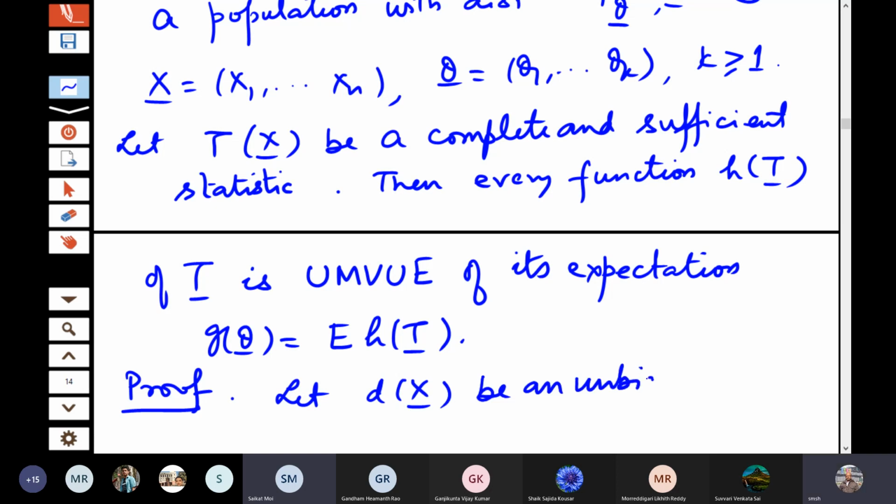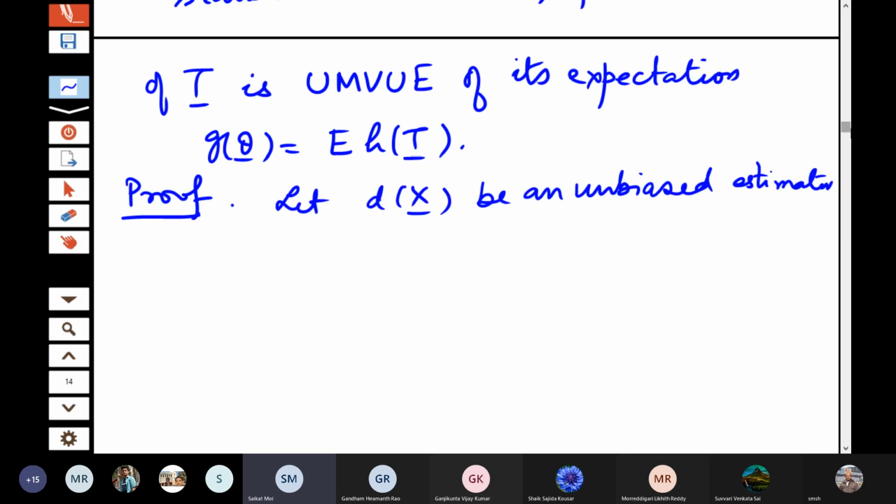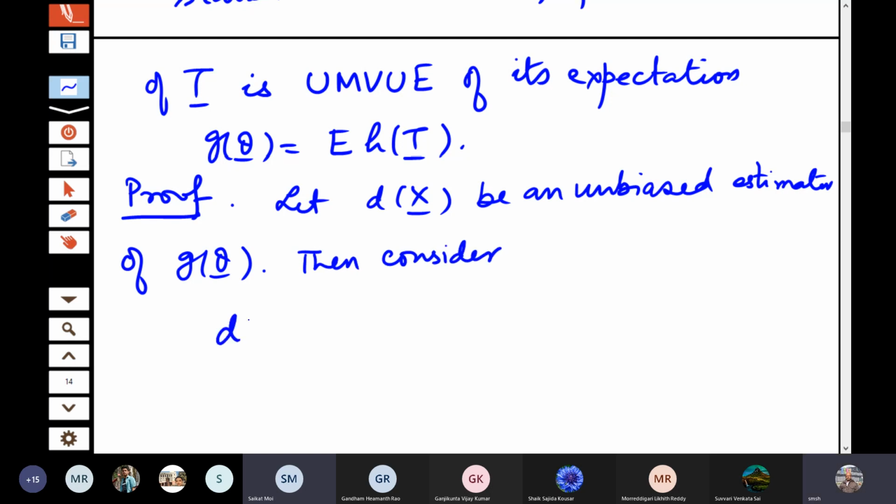Suppose I am considering unbiased estimation of a parametric function g(theta). Let us consider d*(t), that is the expectation of d(X) given T equal to t.